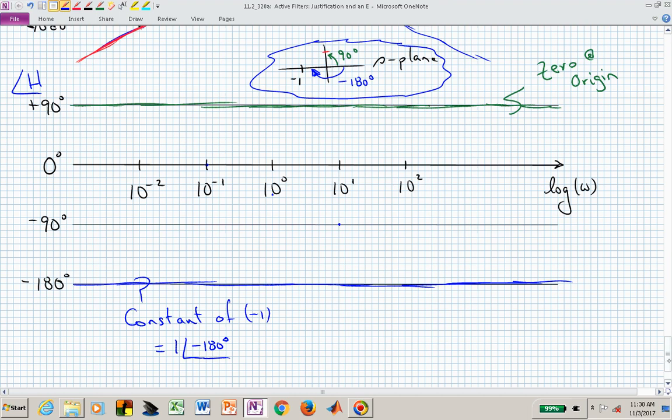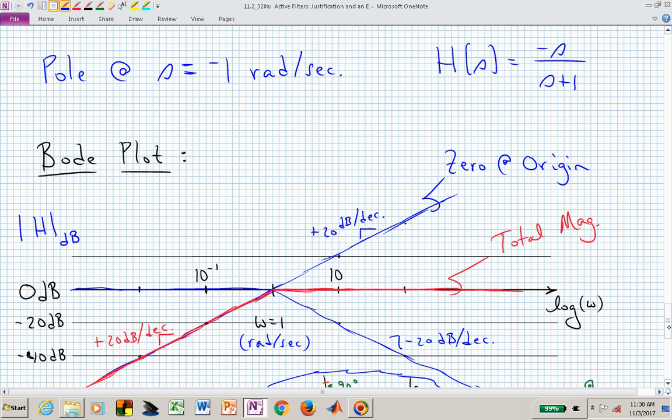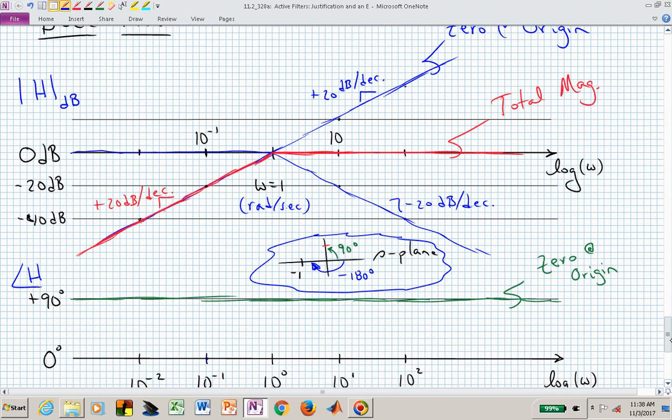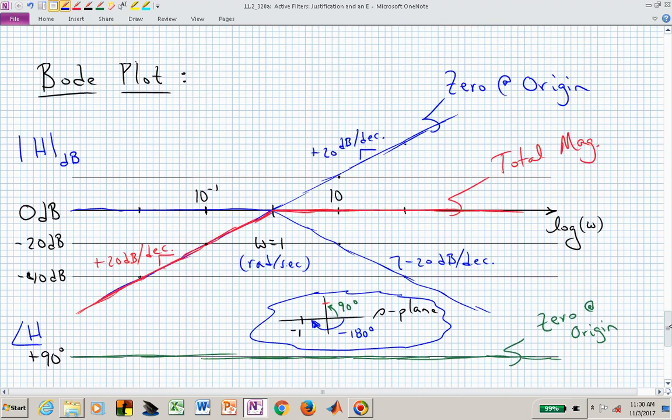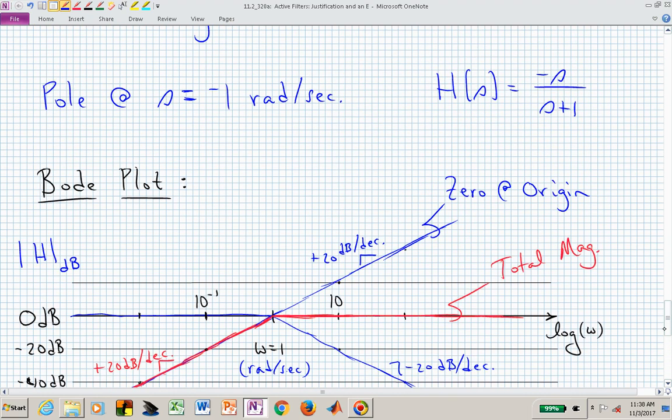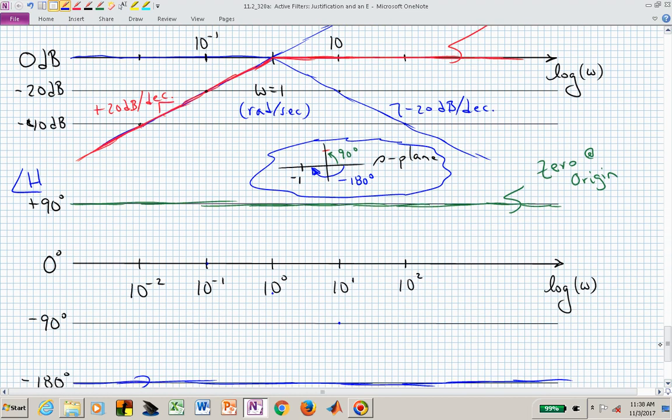And finally, we have to account for our pole at 1, its phase, and again, the phase of these linear factors is changing across a 2-decade expanse. This particular pole breaks at 1, which is 10 to the 0, and at that break, it's right in the middle of where it's transitioning.